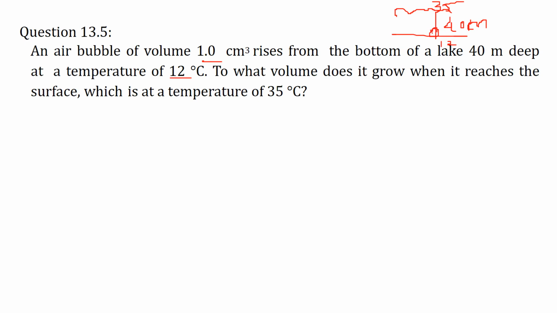Because it has to grow in volume when it comes up and reaches the surface at a temperature of 35 degrees centigrade. So this starts at 12 degrees at 40 meter depth, it reaches up to the surface and the temperature goes to 35. Now we have to find out the volume it grows to.